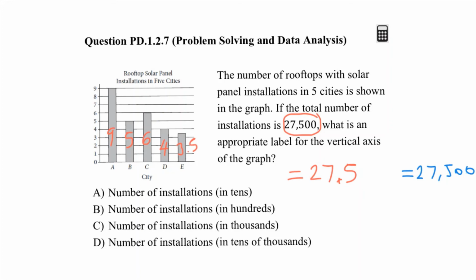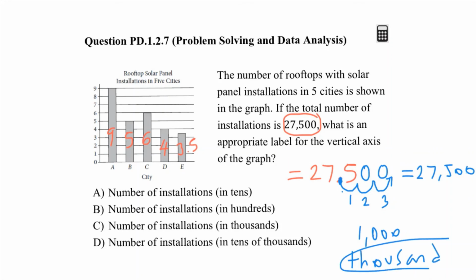How many steps am I supposed to go? This is my decimal place value. I will go to the right one more time and one more time, and put a 0 here. How many times did I move to the right? 1, 2, 3. So I put 3 zeros after the 1, which is 1000. If it is 1000, the label should be in thousands. The correct answer will be C for this question.